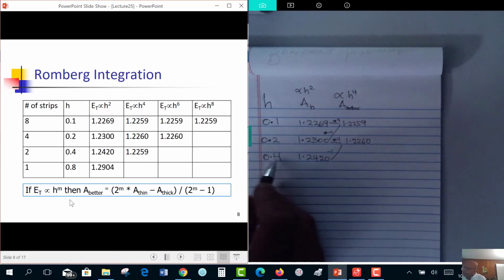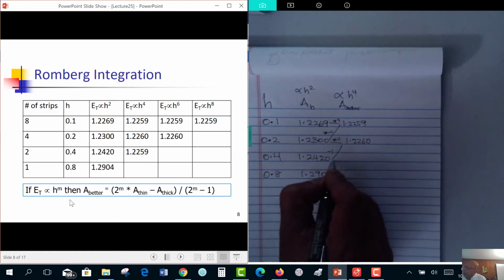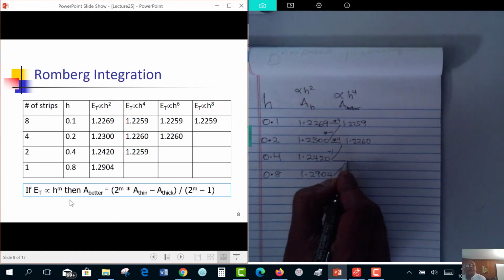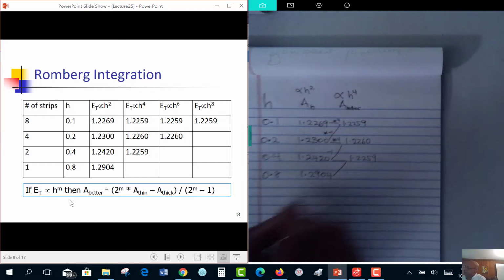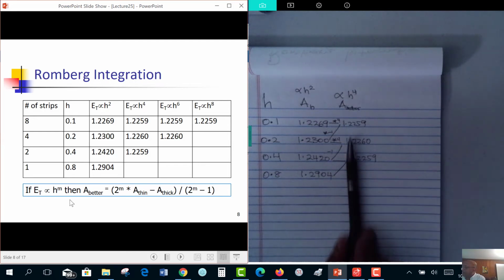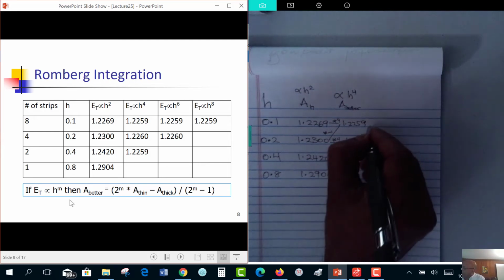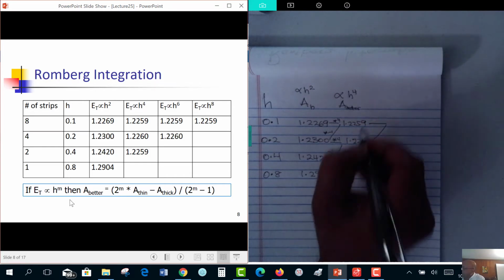Then finally, instead of 2 strips, we can just have 1 strip. Do the trapezoidal rule. Please do that on your own. Extrapolate these two values, we'll get 1.2259. So now we have a column of h to the power 4 values. We can now give this a weight of 2 to the power 4, which is 16.